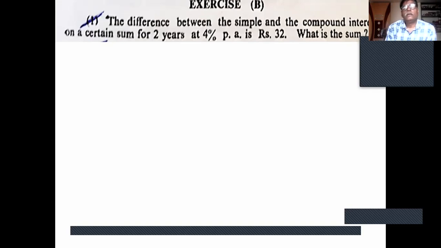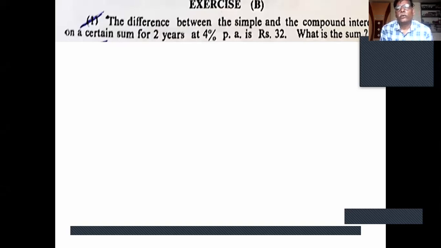Okay. In this problem, if you start to calculate simple interest, principal is not given in the problem, and interest is not given either. Rate of interest and period, N, 2 years, are there.